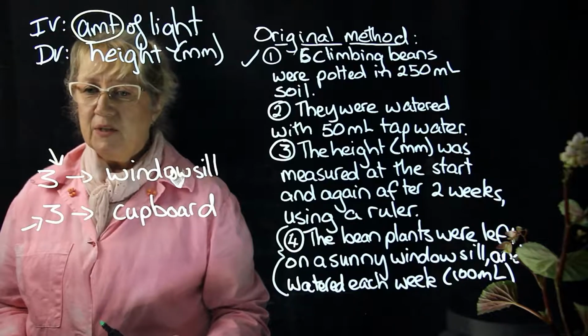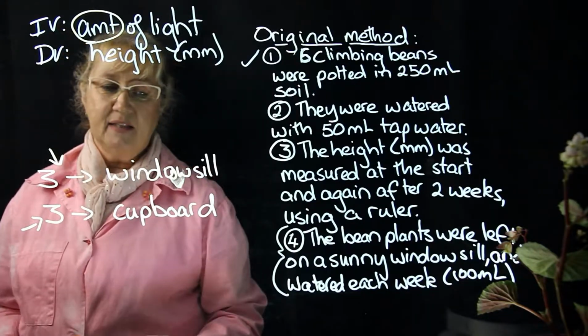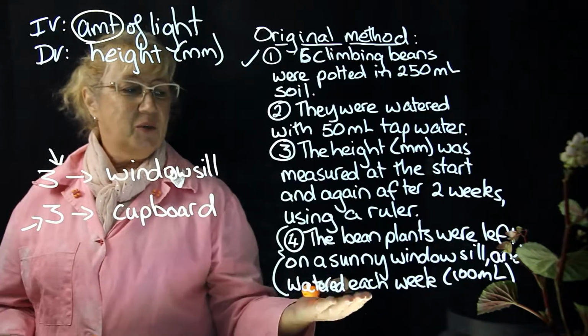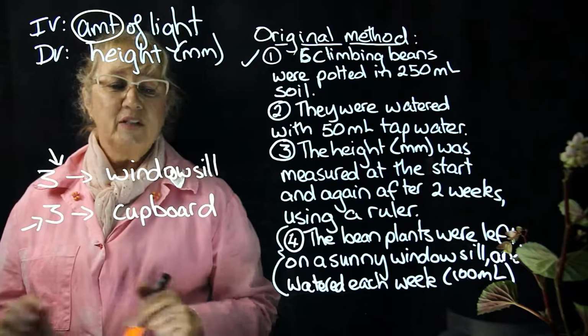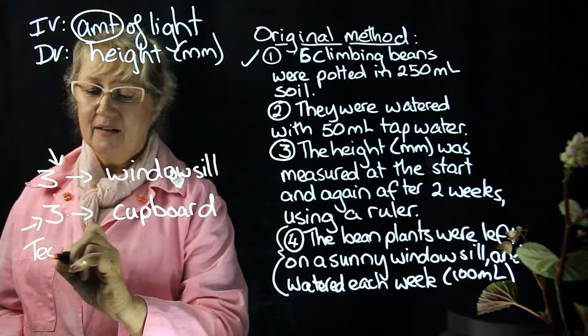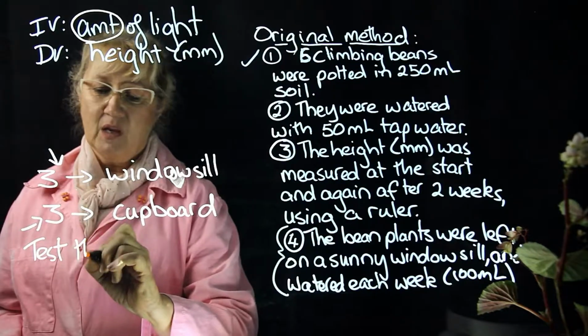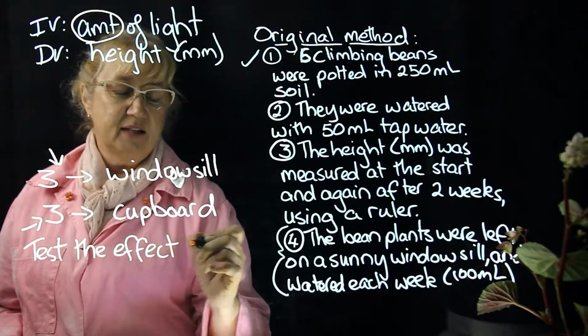It's really important that you say why your experiment was modified like this. Why did we do this? Why did we change that aspect of the experiment? Well, we changed that aspect so that we could test the effect of changing the amount of light.